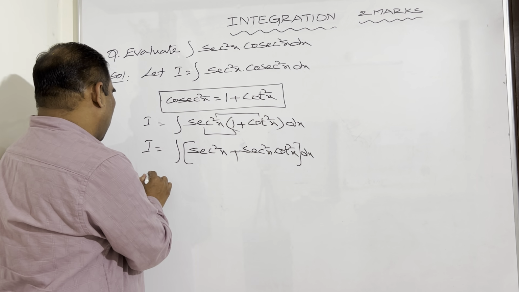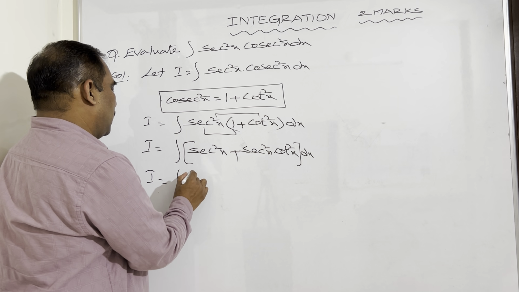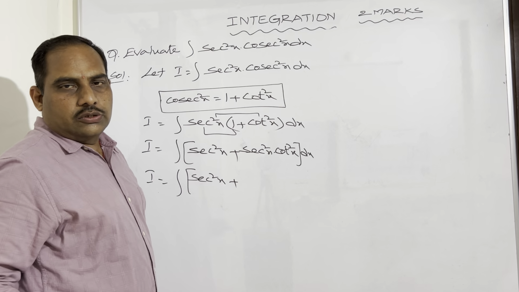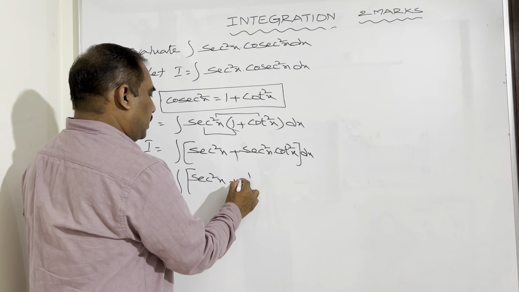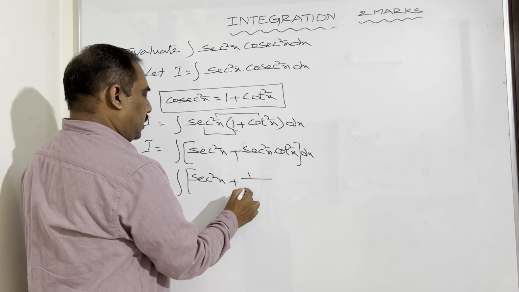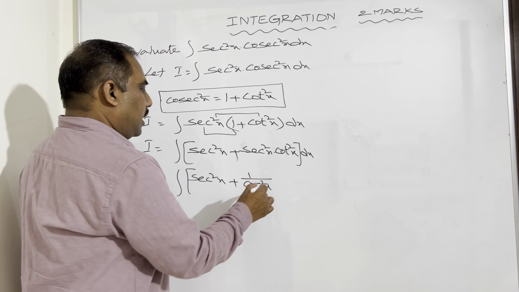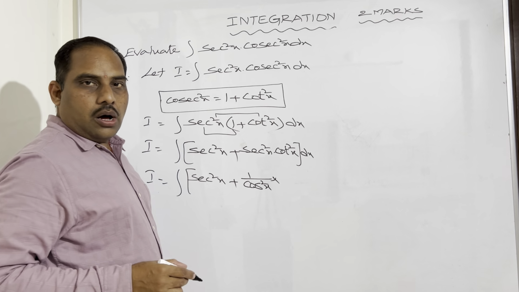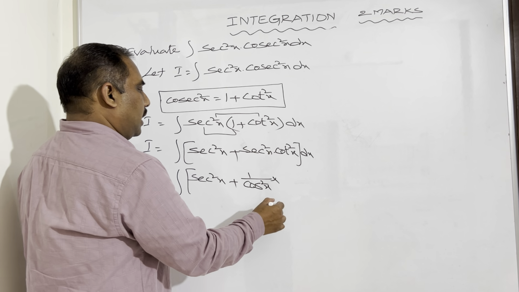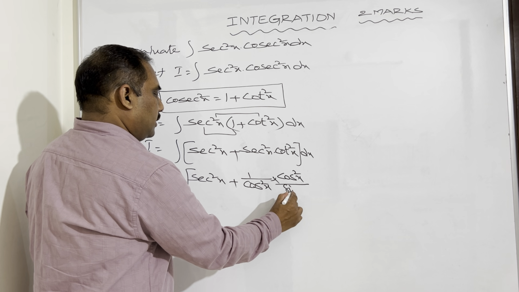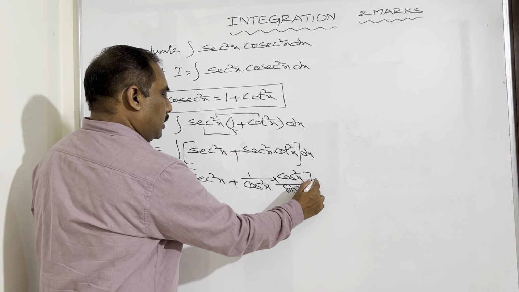So now I is equal to integral secant square x plus, we know that secant is 1 by cos, so secant square x can be written as 1 by cos square x, and cot is cos by sine, so which is cos square x by sine square x, dx.